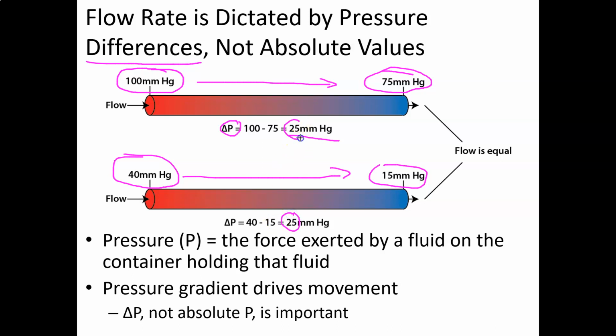Since this one's 25 and that one's 25, and they're equal, the flow between those is going to be equal as well. So it's the pressure difference that matters, not nearly as much as the actual total pressure. The pressure difference is a much greater variable in determining flow than the total pressure.